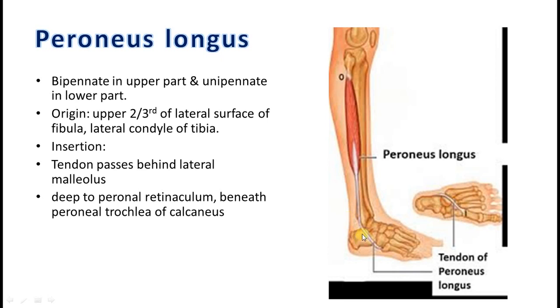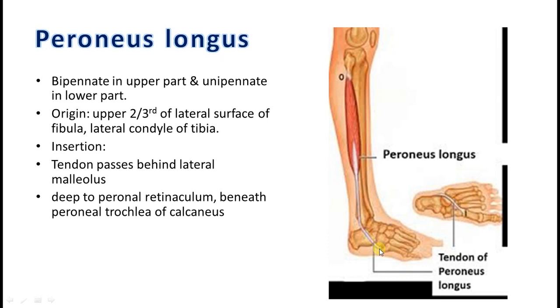Then it passes in a groove which is actually the groove of the peroneal trochlea of the calcaneus. Laterally you will see a projection which is called the peroneal trochlea. Trochlea means pulley, where the tendon of the muscle plays. So downwards and forwards.